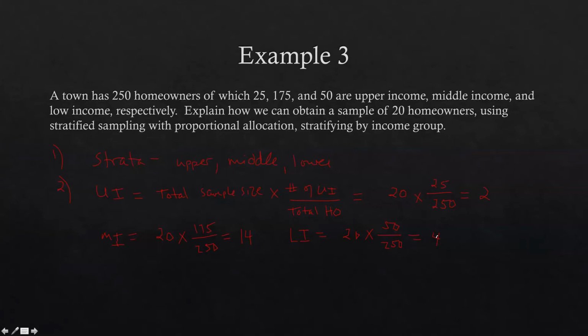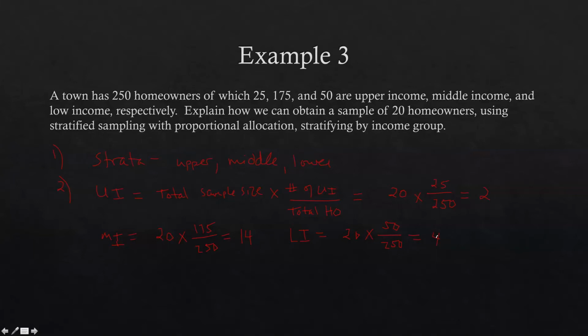Now, use all the members obtained in step 2 as the sample. So we're going to take a simple random sample of 2 from the upper income, 14 from the middle income, and 4 from the lower income. Now, how are we going to take that simple random sample?